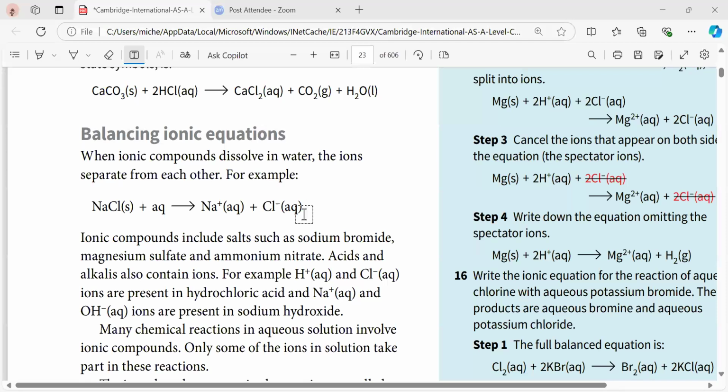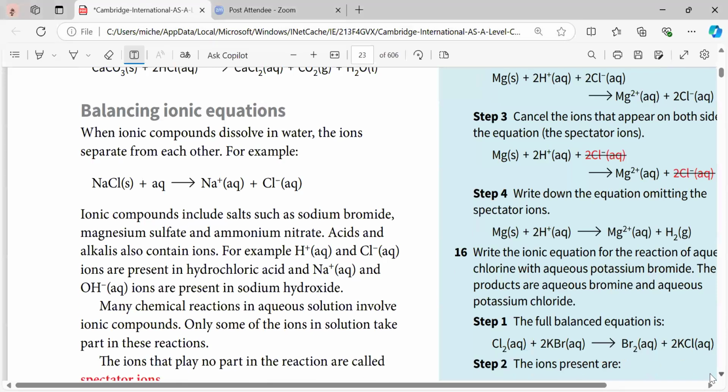Okay, so now we have an example, which is right here. Usually ionic compounds include salts. It's stated right here as sodium bromide, magnesium sulfate, and ammonium nitrate. Acids and alkalis also contain ions. For example, H plus, which is aqueous, and then we have chloride, which is aqueous as well.